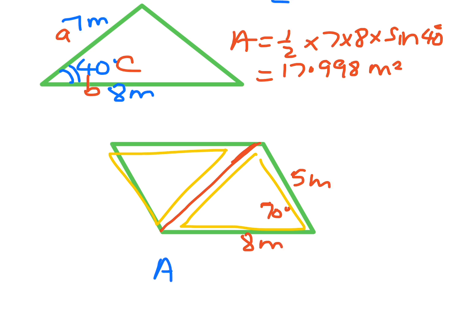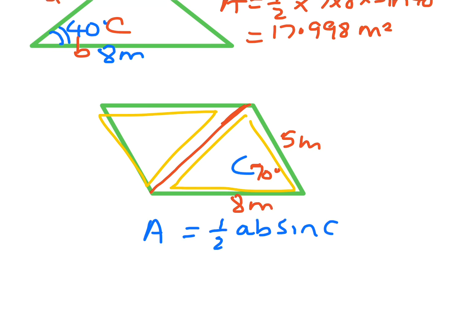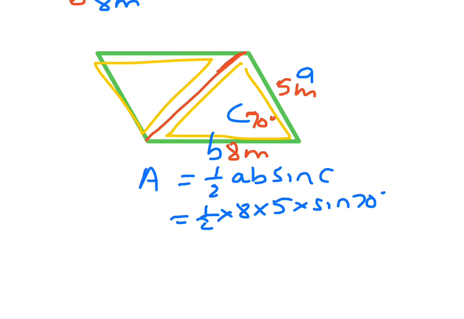So the area equals a half ab sine C. This is the C, this is the a and the b. So it's a half times 8 times 5 times sine 70, which equals 26.3 meters squared.